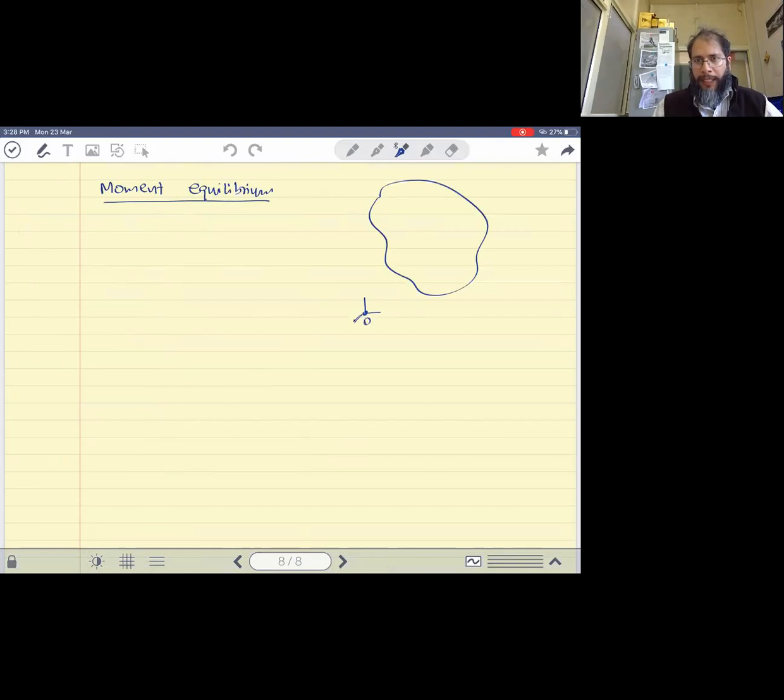So what we do is we find the net moment about the origin O, which may not pass through the body.